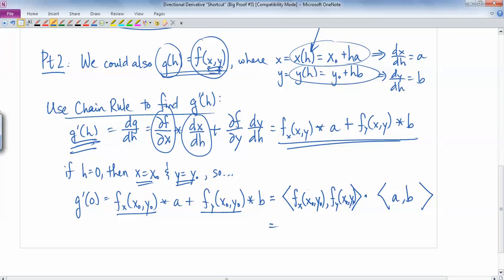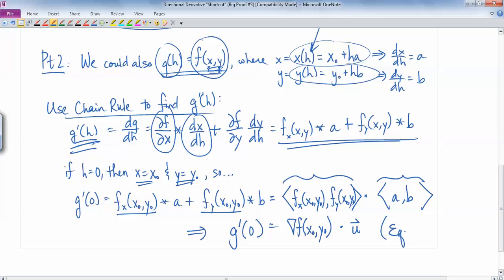Well, this thing right here is the gradient of f when we plug in x naught and y naught. And this thing right here is the original unit vector u. Okay, so now we've got this, g prime of 0 equals this thing. So this is equation 2.